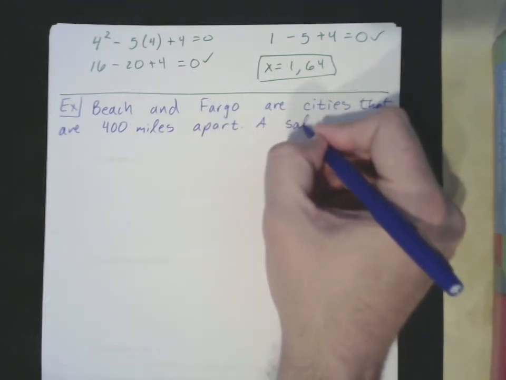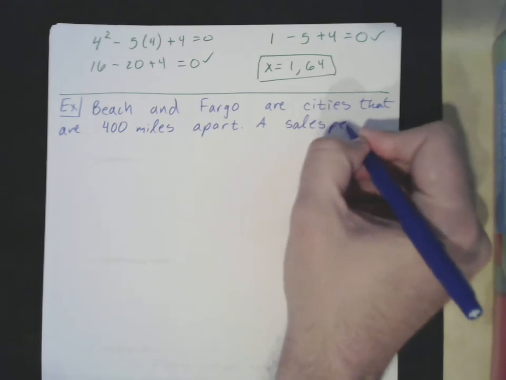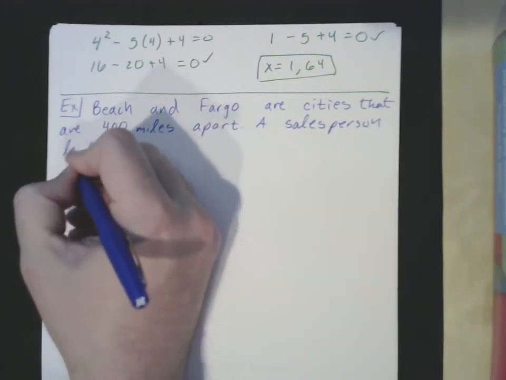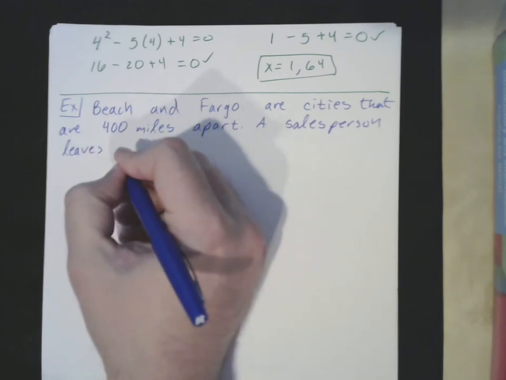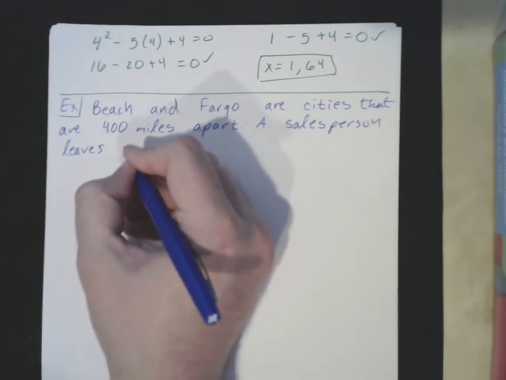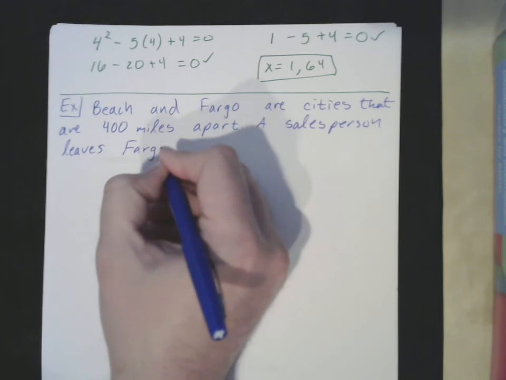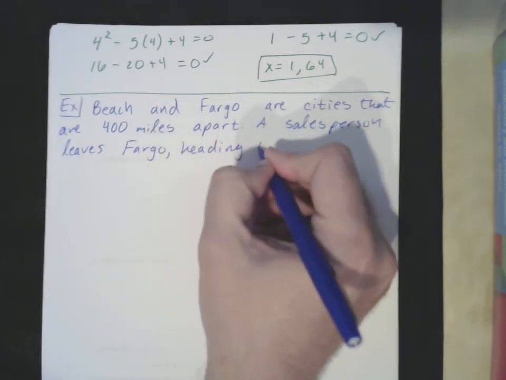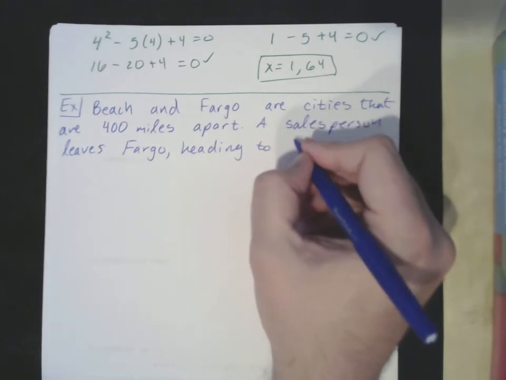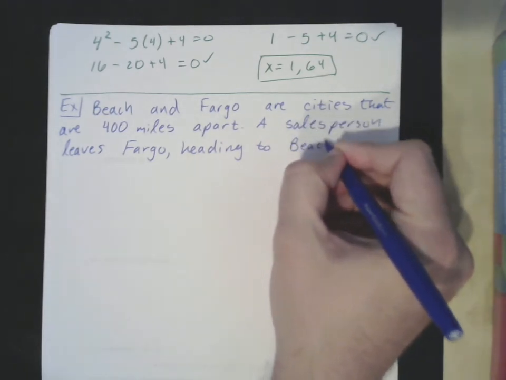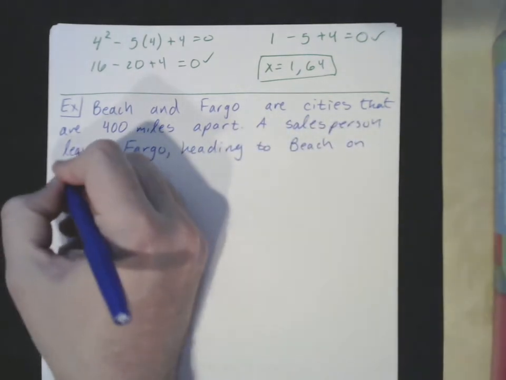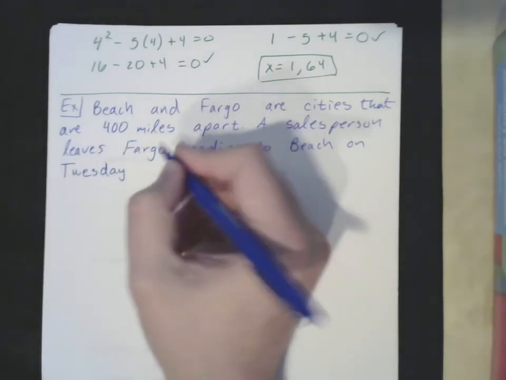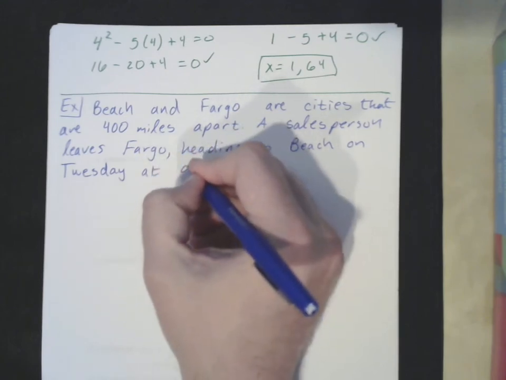A salesperson leaves Fargo heading to Beach on Tuesday at a certain speed.